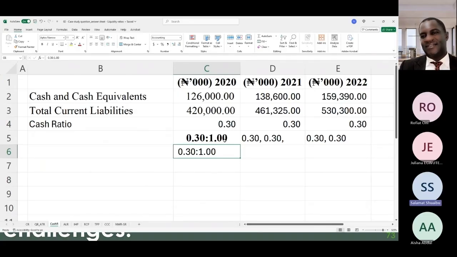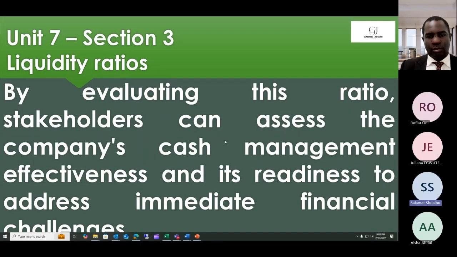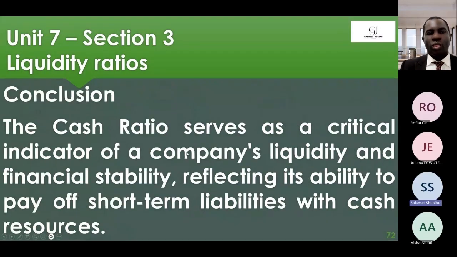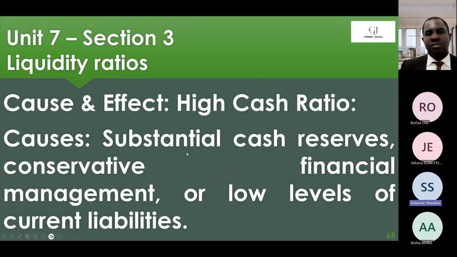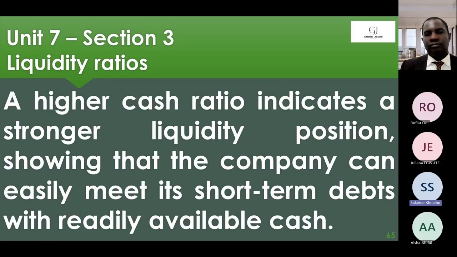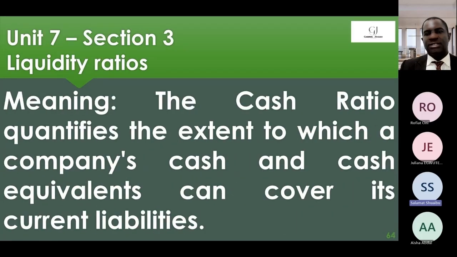Okay, sir. So now this result means that the cash of Dan Kabir is not good because it is less than 1. Exactly. It's less than its obligations. So the obligations in terms of the measurement we use are higher than the cash.